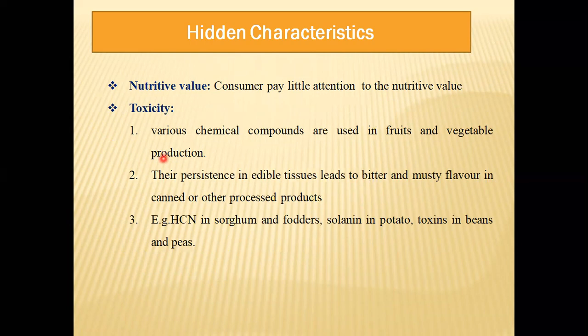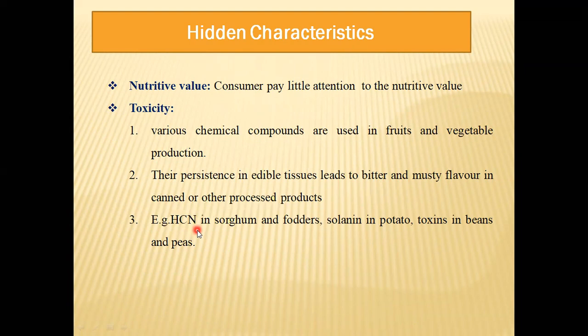Then toxicity is produced in particular fruits or vegetables by various chemical compounds, and these chemical compounds are applied during their growth period, during the cultural practices. Okay, so these chemical compound residues persist in the edible tissues, which leads to some bitter and musty flavor in processed food products and in canned products.